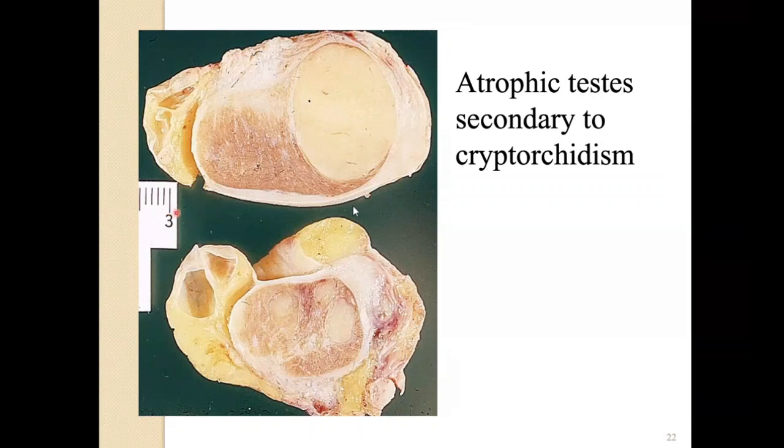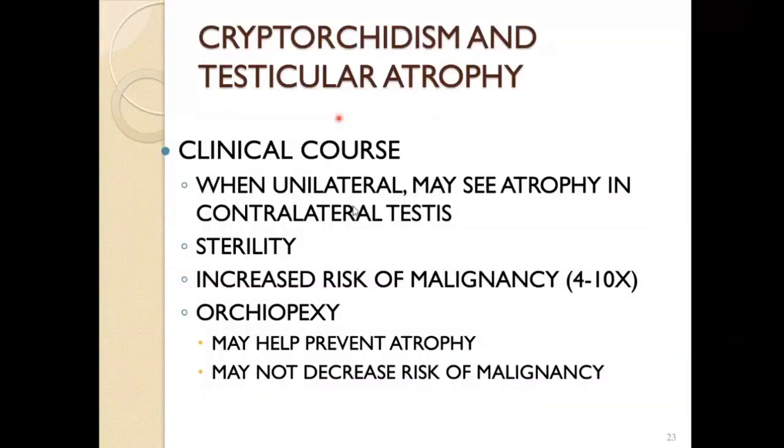So here there was a ruler which helped to know the size of the testis. So the clinical course, when unilateral, you may see atrophy in the contralateral testis. You understand the consequences. So the testis which is in the abdomen will be automatically atrophic.